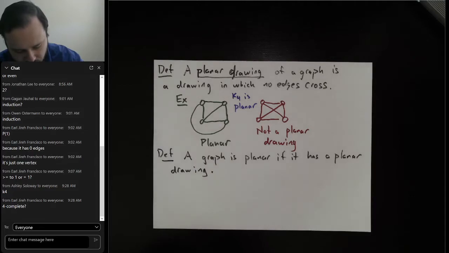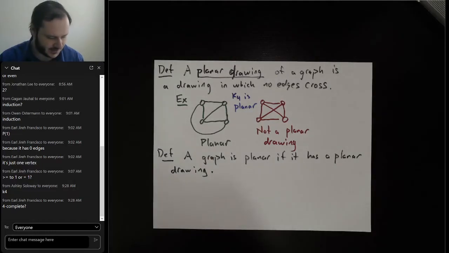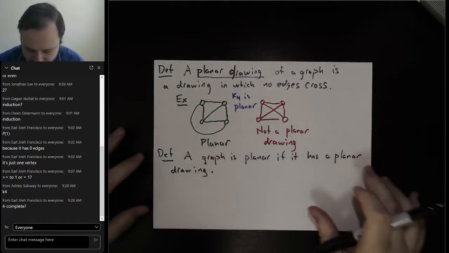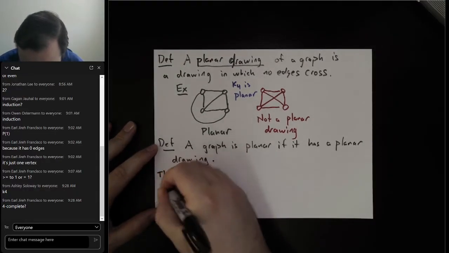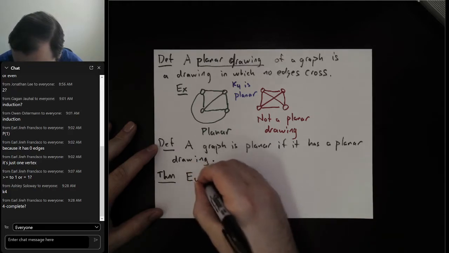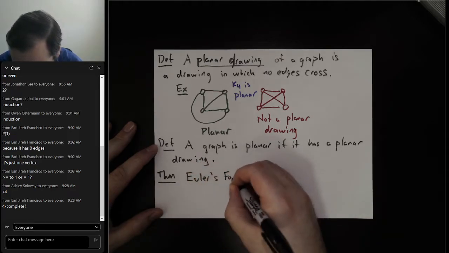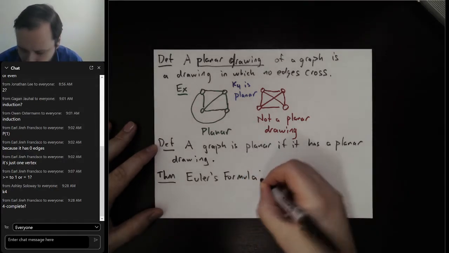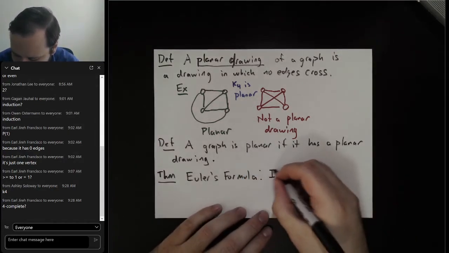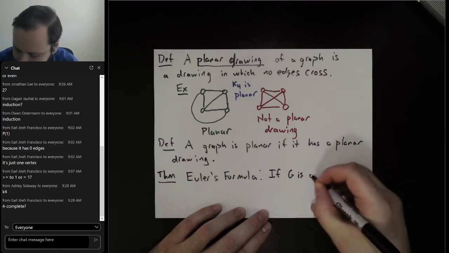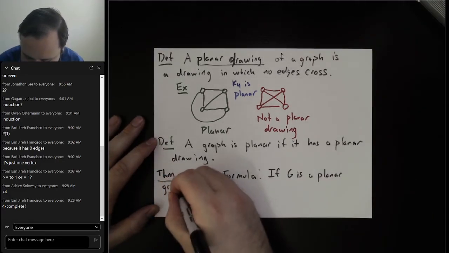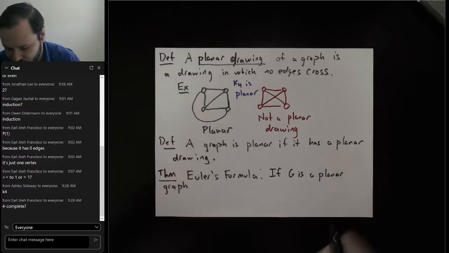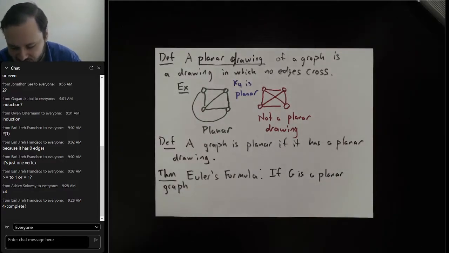And one of our important results about planar graphs is Euler's formula. So we had Eulerian graphs. This is the same Euler. If I look at a planar graph, I can not only talk about vertices and edges, but I can talk about faces.